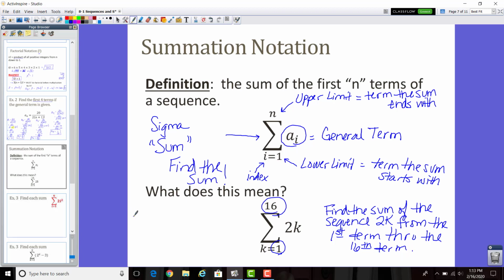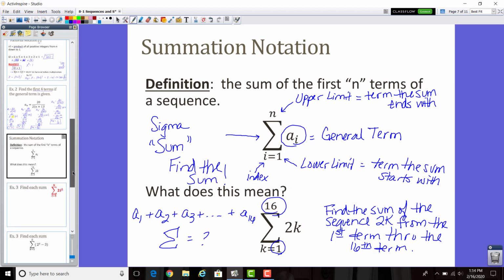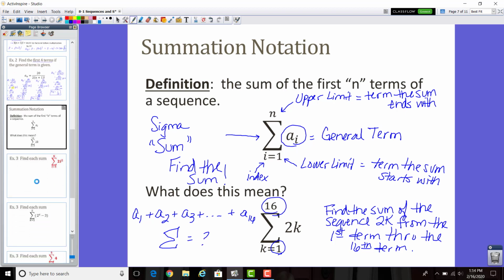So that would mean we would have to use the general term expression of 2k to find the value of the first term, and find the value of the second term, and find the value of the third term. And we would have to find the value of all 16 terms so that we can add them up to get a sum.